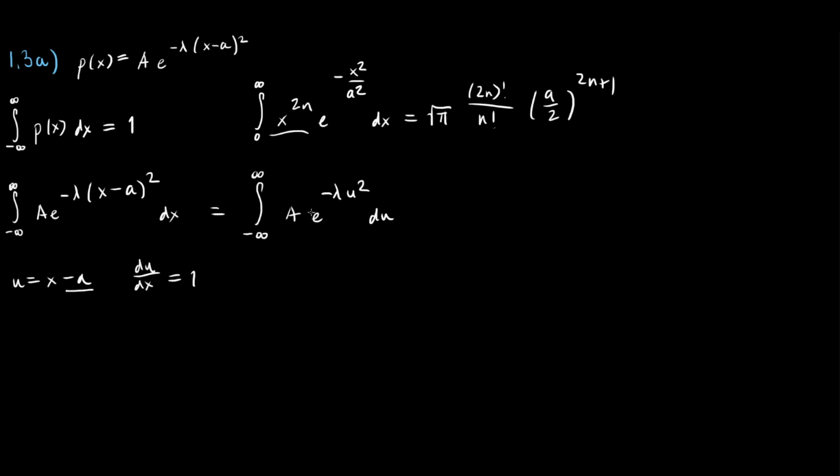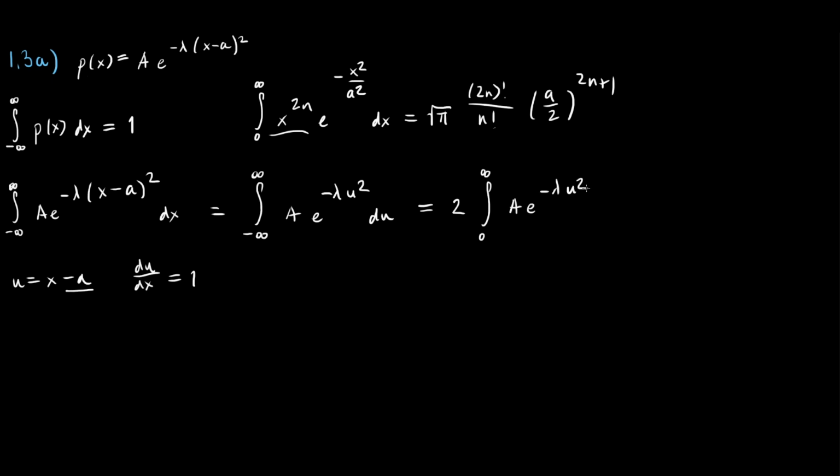Now we also have to match this integral to this one, and the only thing that doesn't match is the bounds of integration, because this one is from 0 to infinity while this one is from negative infinity to infinity. But we can turn this integral into that one by multiplying by 2 in front and doing the bounds of integration from 0 to infinity.